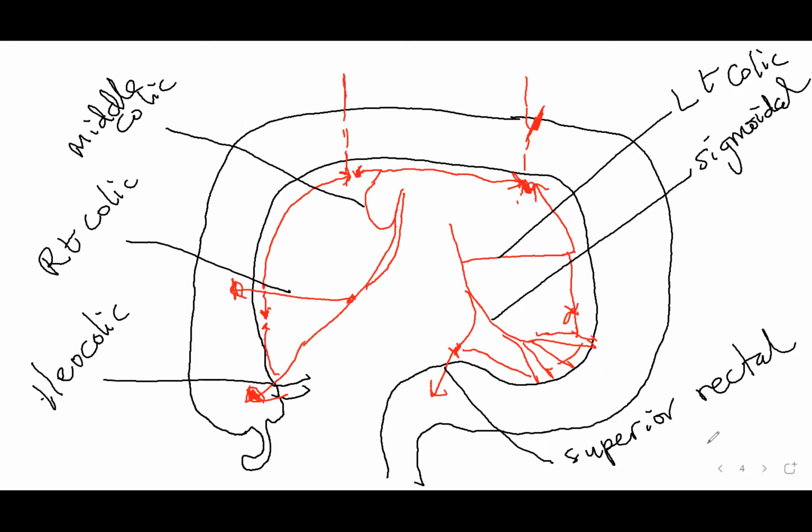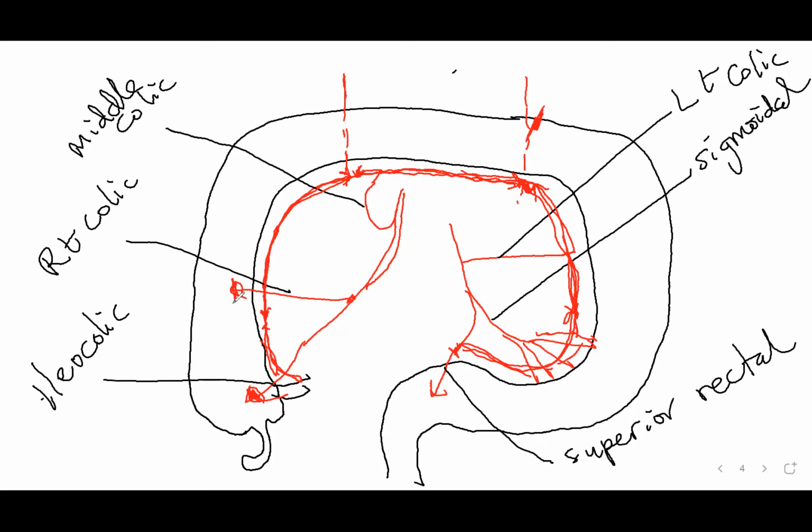Now, you can see all these vessels form anastomosis. If you notice, they now form an arc, like an arterial arcade at the inner margin of the colon.